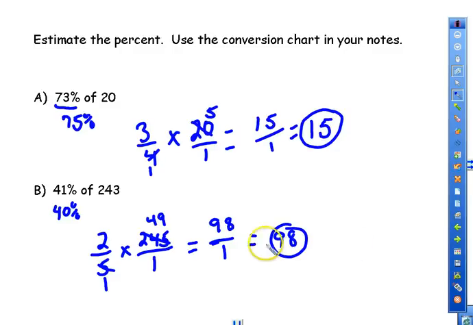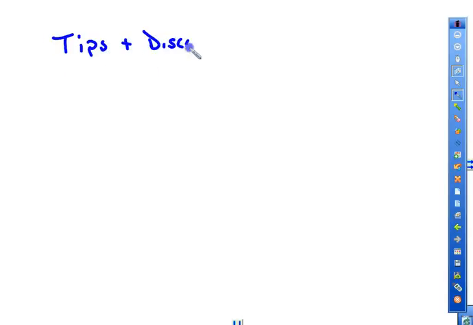All right, so going back to this. Let's move on to our next problem. Sorry about that. I had to redo a few things here. And this one is going to be on tips and discounts. So as we go to this next screen, again, tips and discounts.